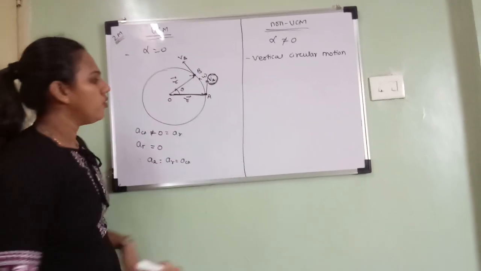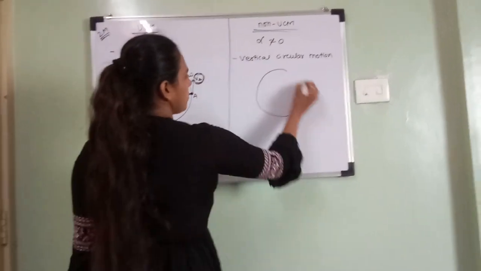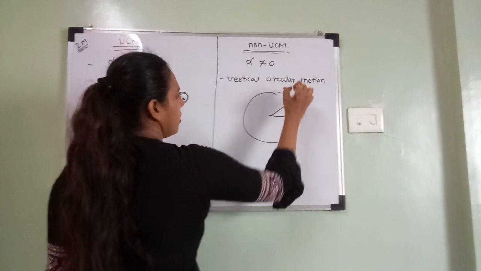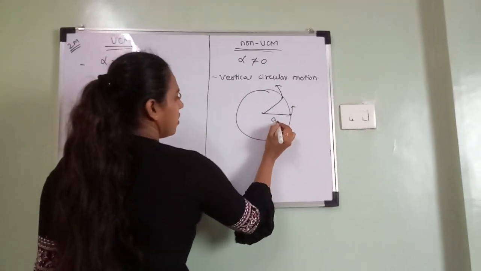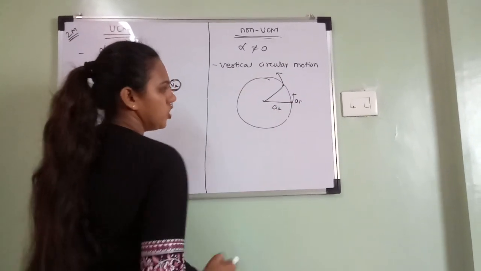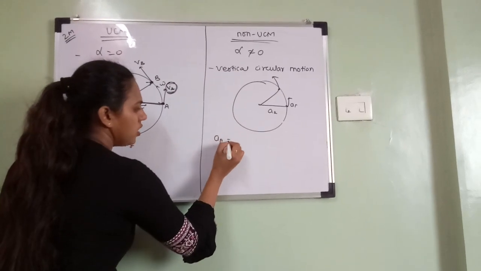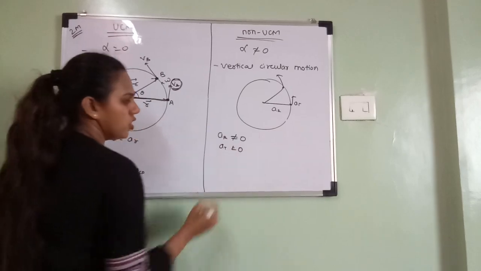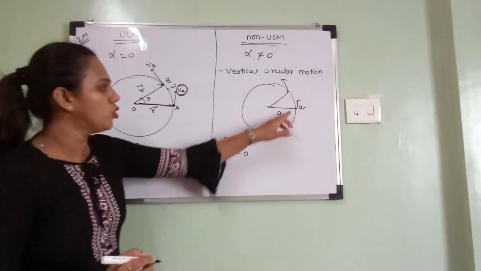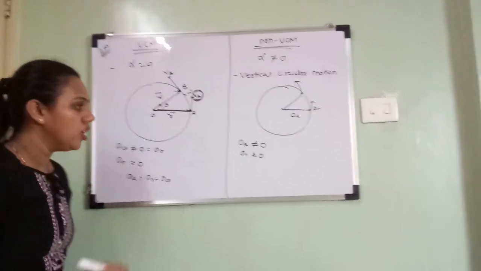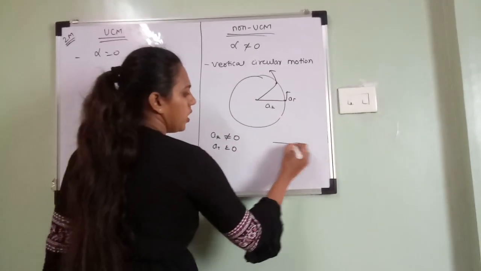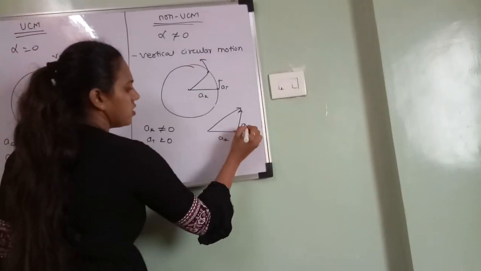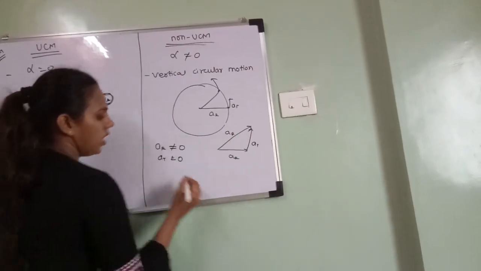Okay, but in case of non-uniform circular motion, as the body is moving with variable velocities, it will have radial acceleration as well as tangential acceleration. So AR is not equal to 0 as well as AT is not equal to 0. So both are not equal to 0 due to varying velocities. Now if you want to calculate the resultant of it, how will you calculate? Suppose this is AR, this is AT, this is resultant capital AR.